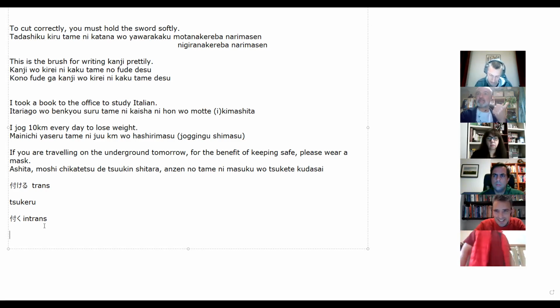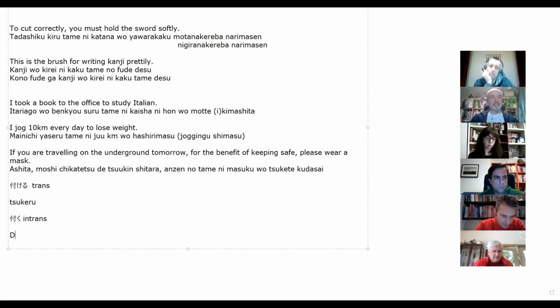But soya beans get turned into soy sauce, tofu, natto. What's the fermented soybean paste? Miso, thank you. It gets turned into almost everything else except rice. So tsukeru and tsuku are like the soybeans of the Japanese language because they're used in so many different places.